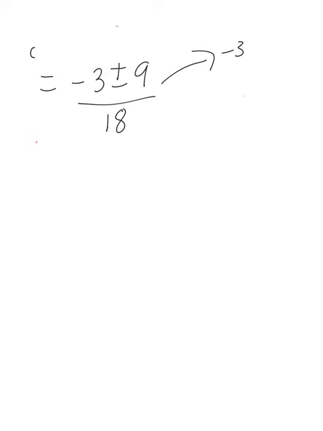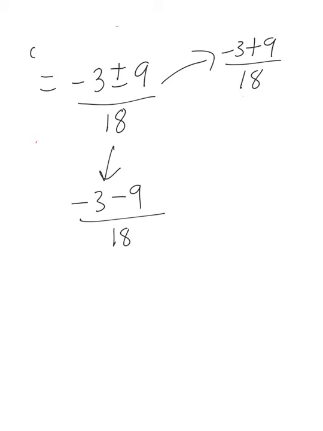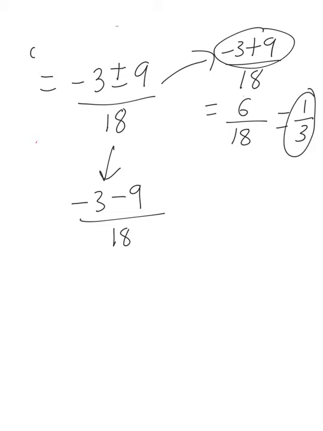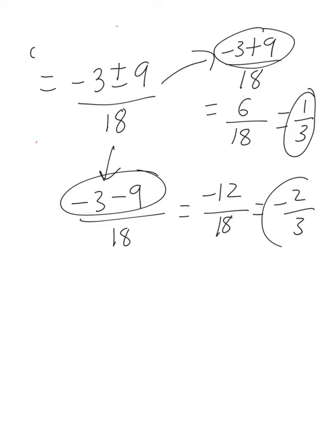We have negative 3 plus 9 over the 18 to simplify, and we also have negative 3 minus 9 over the 18. If I go back up to the negative 3 plus 9, that's 6 over 18, which reduces to 1/3. If I go down here, negative 3 minus 9 is negative 12 over 18, which reduces to negative 2/3.